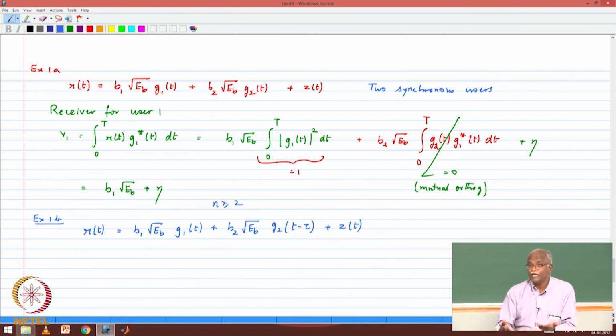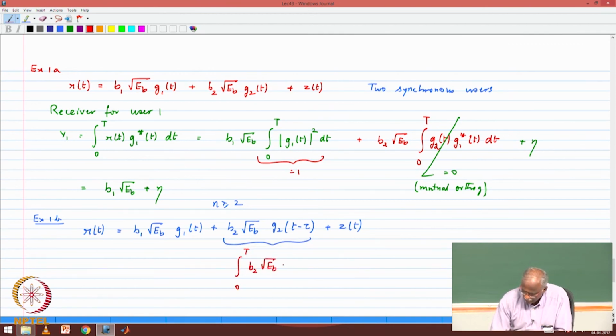Apply the same receiver mechanism. The data of user 1 comes out. The second term, when I do the integral 0 to T of b2 root Eb g2(t minus tau) g1*(t) dt.